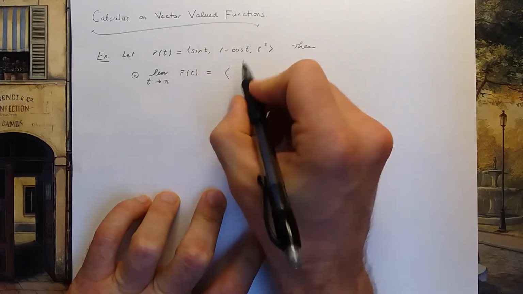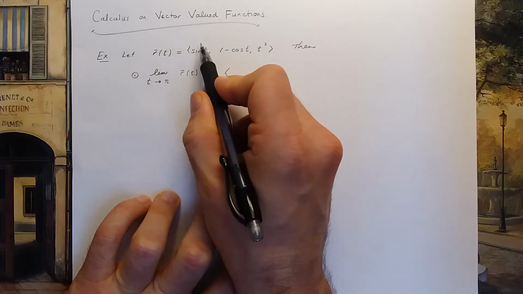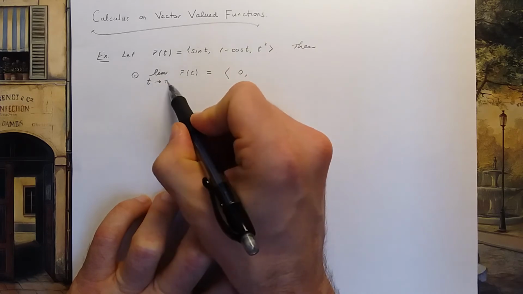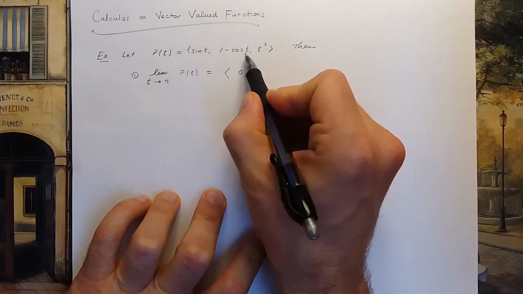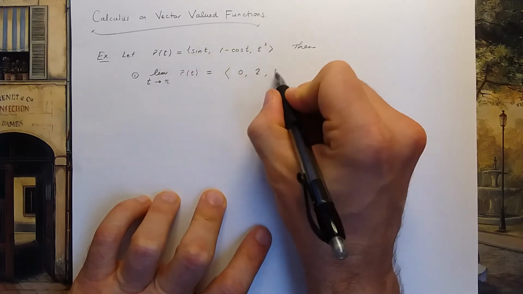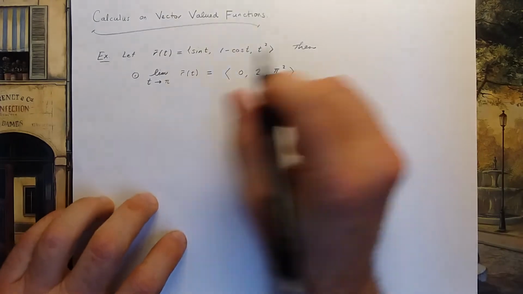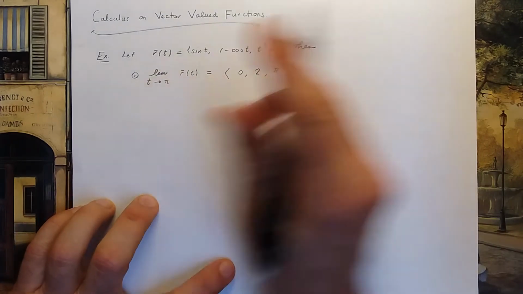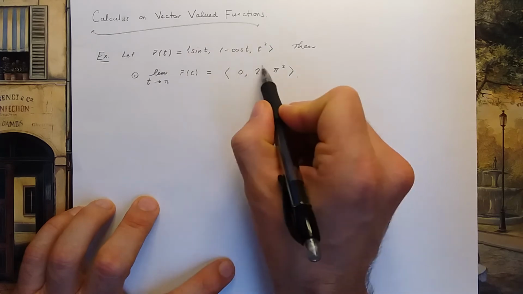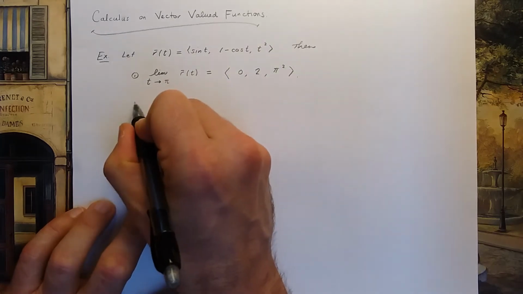So I'm going to take the limit as t goes to pi of sine t, that's 0. The limit as t goes to pi of 1 minus cosine t is 2, and then pi squared. That's it. The message is that when you take limits, you just evaluate each limit component-wise. So take the 3 limits and put them in a vector.